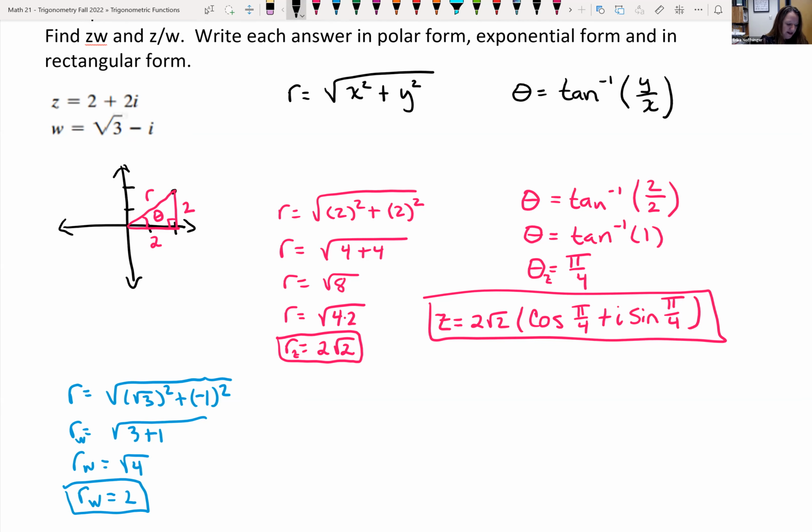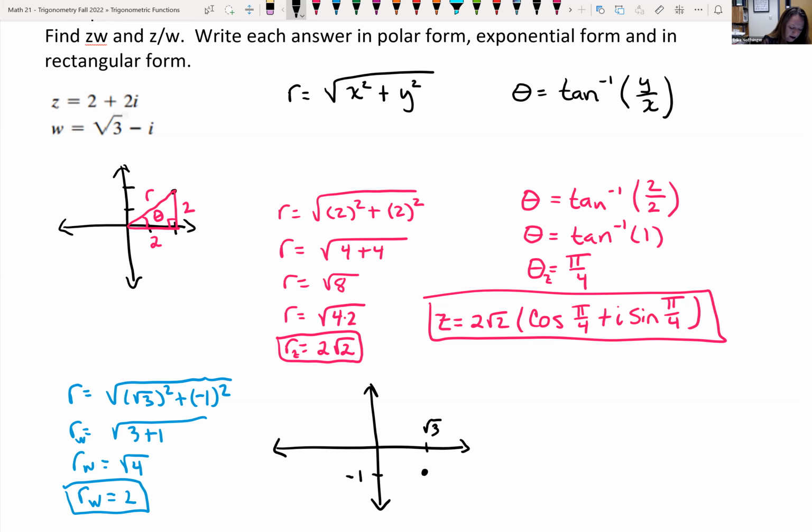So if I plot this w on the Cartesian plane, I would go over to the right, root 3. But my imaginary part is negative, so I'm going to go down 1.